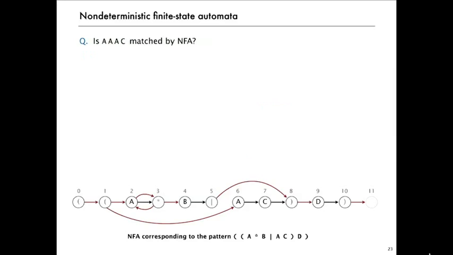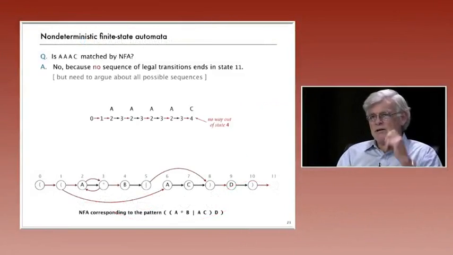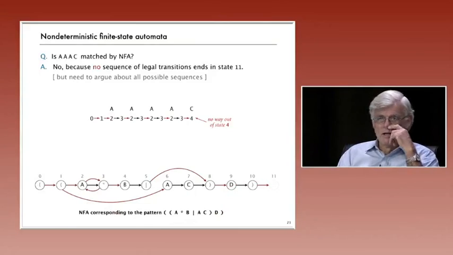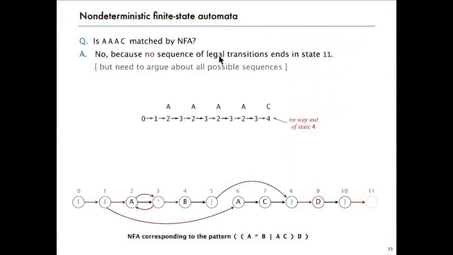And then what about if it's a string that's not in the language recognized by the machine? Well, we have to argue about all possible sequences and prove that no sequence of legal transitions ends in state 11. That seems to be a fairly complicated sort of argument.